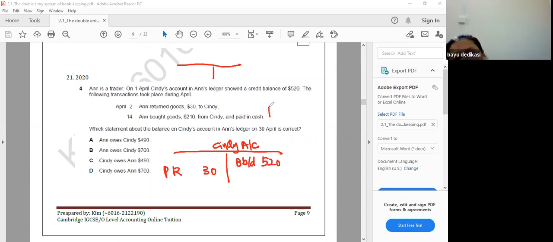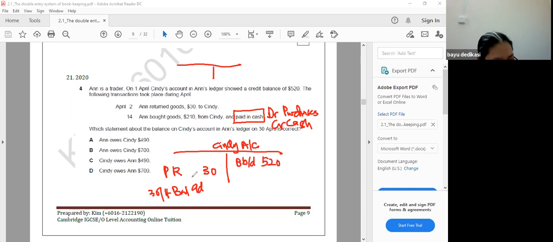So this double entry should be debit purchases and credit cash. It won't go through Cindy because it is paid by cash. Next: which statement is correct about the balance on Cindy's account in N's ledger on 30th April? The balance carried down is this minus this, so 520 minus 30.